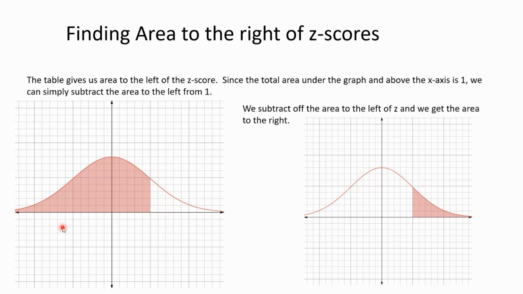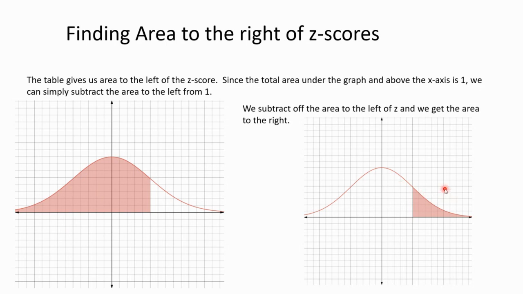And that's useful because if we wanted the percentage of data values less than a data value, we get the z-score and get the area to the left. But what about the area to the right, though? What if we want the percentage of data values greater than something? Well, can we do that? Well, you can tell from the slide that, yeah, we can do that.